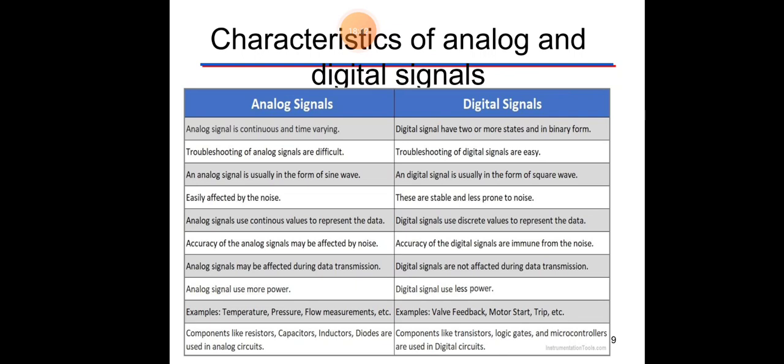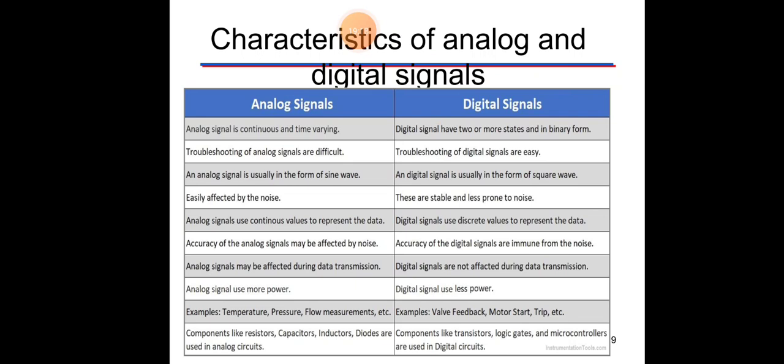Next point is analog signals may be affected during data transmission. Okay, while data transmission, noise may get included and false data can also be included in the analog signal, but digital signals are not affected during data transmission, and many times the signals are also encrypted, so there is less chance to include false data in any signal.